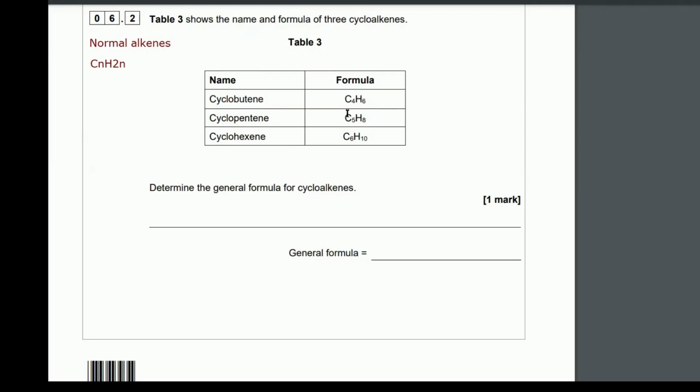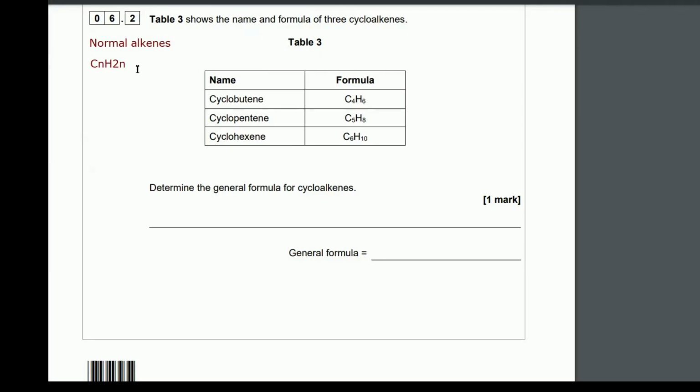Normally, butene on its own would be C4H8. But look here, you're timesing by 2, and then what's happening? It's dropping back by 2. So 4 times 2 is 8, but we drop back to 6. 5 times 2 is 10, but we drop back to 8. 6 times 2 is 12, but we drop back to 10.